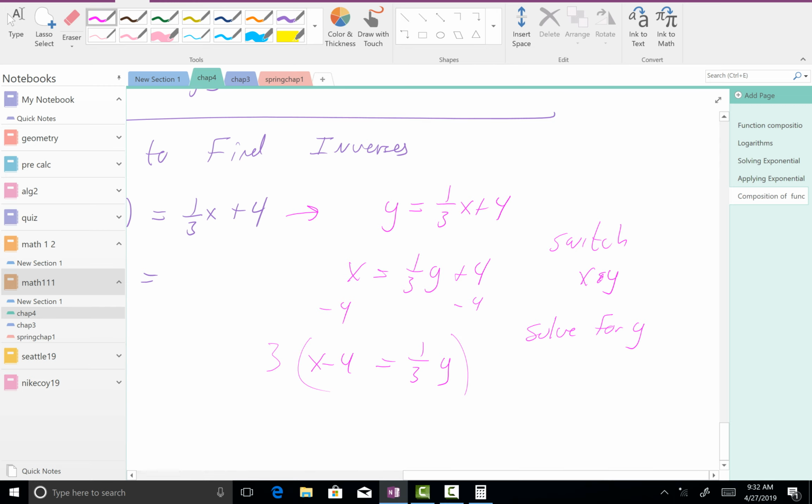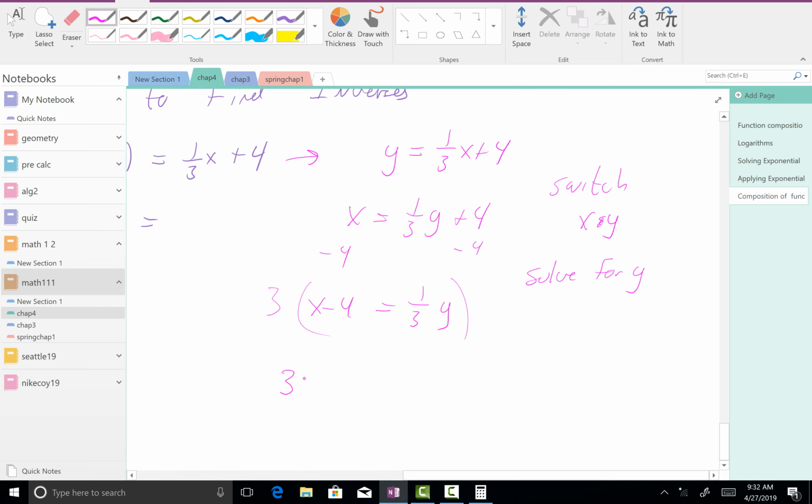Good. I'm going to leave it like this for just right now. Okay, so think about this. If we knew what x was, multiply it by 1/3, or divide by 3, add 4. But we're doing it in a reverse way. Subtract 4, multiply by 3.